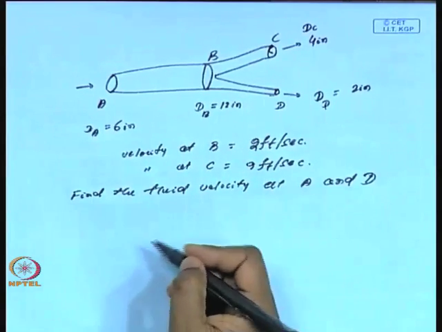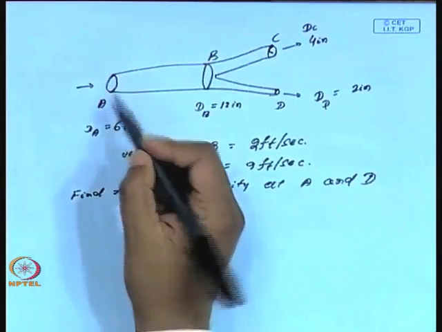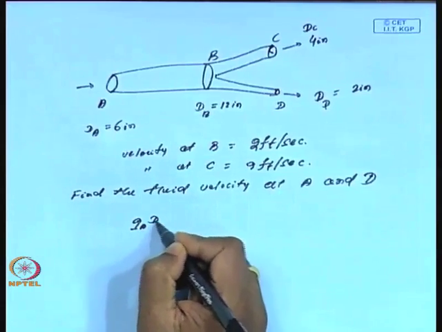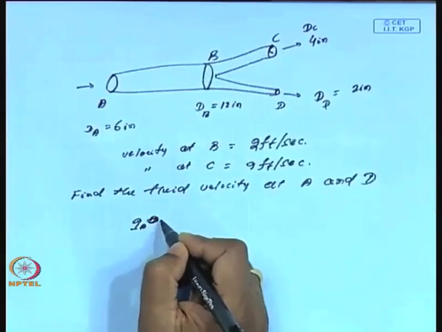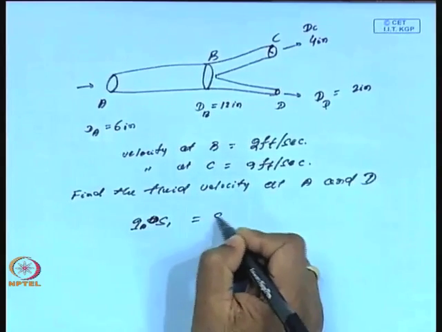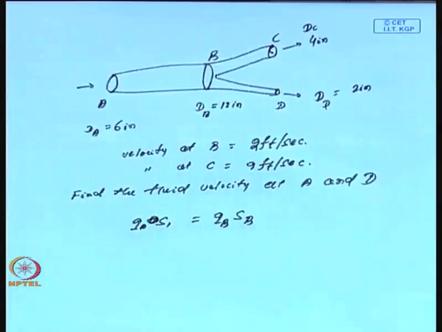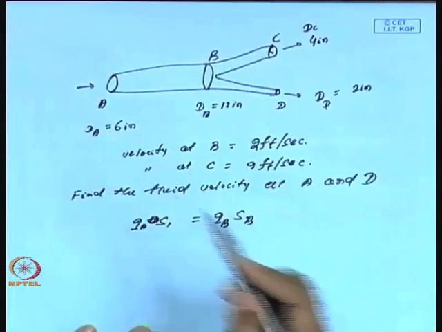Now, since we have seen that in case of a stream tube, Q1 A1 equals Q2 A2, so QA SA, rather I will call this S1, equals QB S2. S1 and S2 are the surface areas and this is a cylinder here.